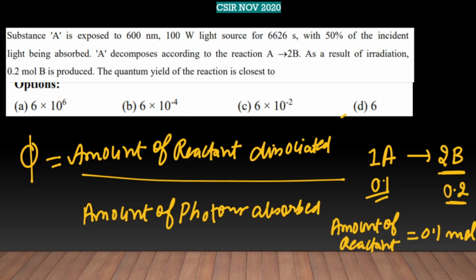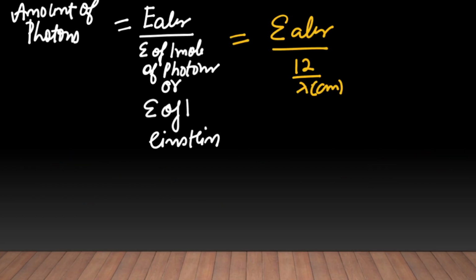Now the energy absorbed: here you see that they are passing light of 100 watt for this much time period. The product of these two will give you the value of the energy which is being absorbed. So it is 100 watt, which means 100 joule per second.